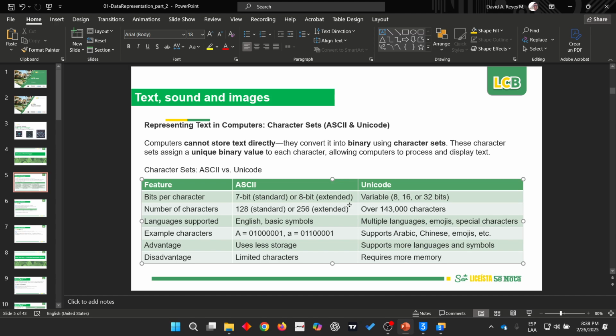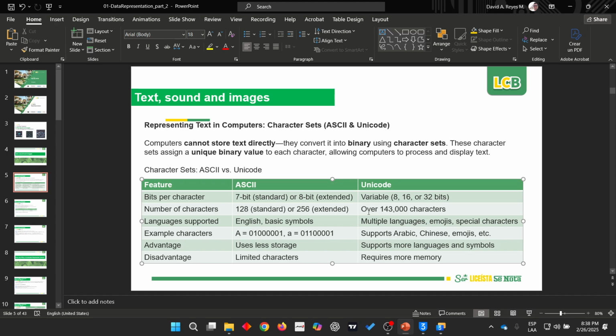Now, Unicode, that is variable. In this one, you use 8, 16, or 32 bits, so that is bigger than ASCII. Talking about characters, Unicode is going to use over 143,000 characters.